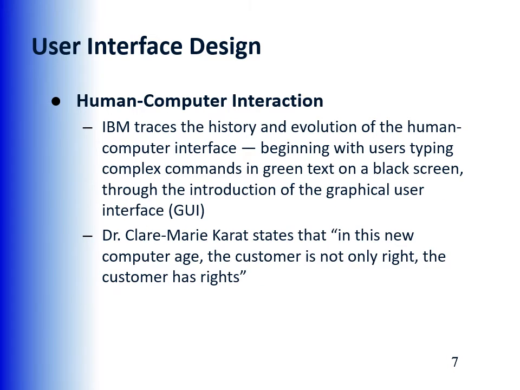And IBM traces the history and evolution of a human-computer interface, which is beginning with users typing complex commands in green text on a black screen through the introduction of the graphical user interface.